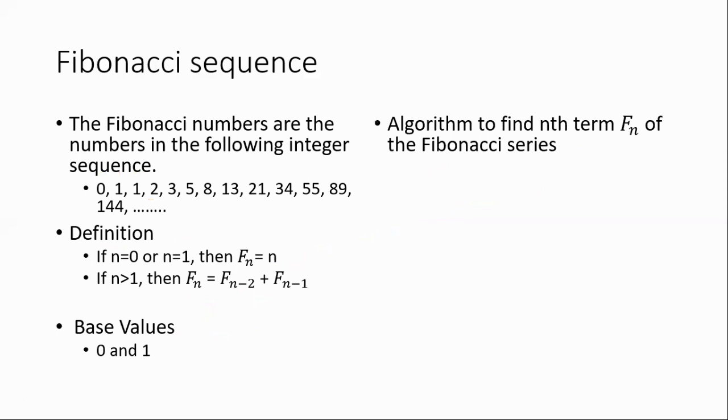Now let us discuss an algorithm to find the nth term f(n) of the Fibonacci series. We use an algorithm called Fibo. It's basically a function, and it depends on a variable called n.